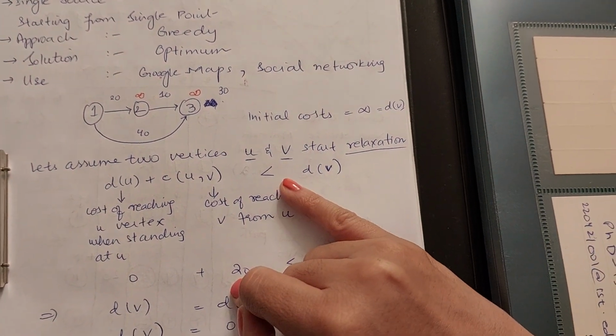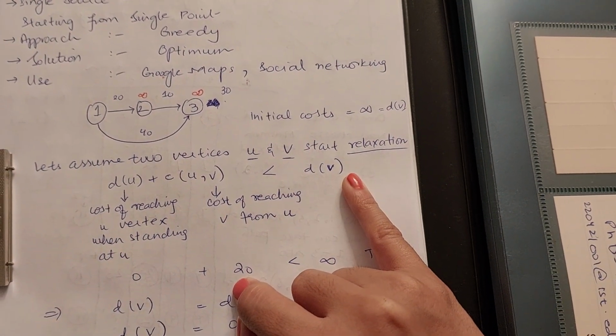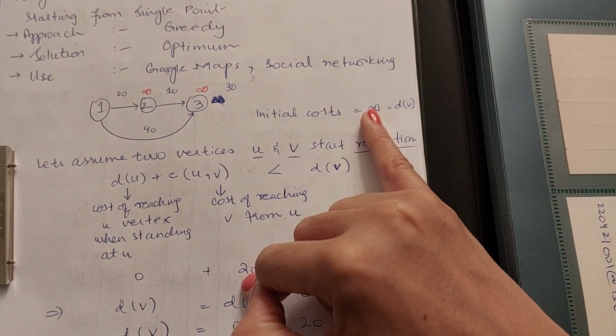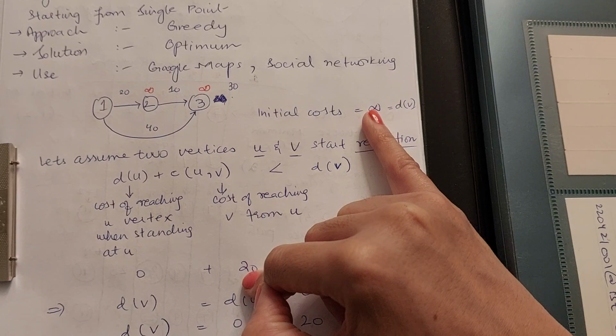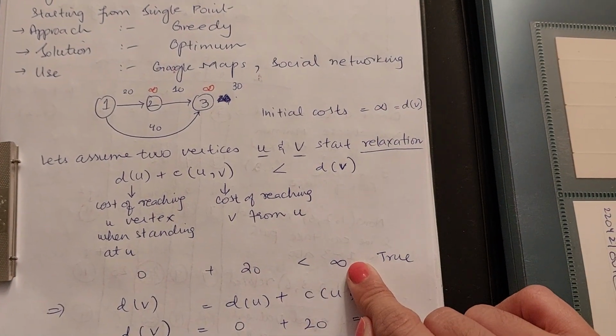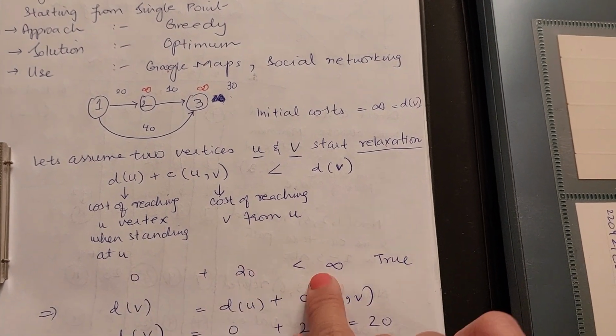And if this is smaller than dv, and dv, as I just told you, is initially considered as infinity, then of course the summation is smaller than infinity.